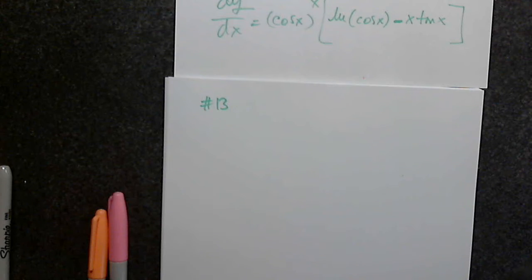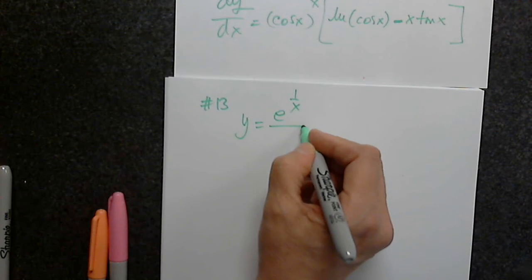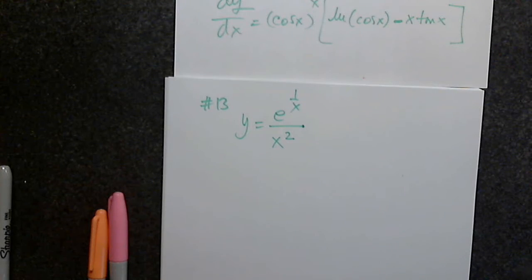In 13 we have y equals e to 1 over x, everything divided by x squared. E to 1 over x, everything divided by x squared.